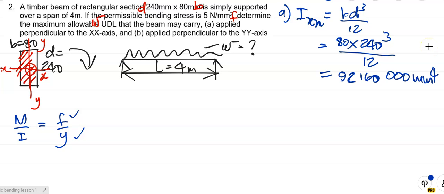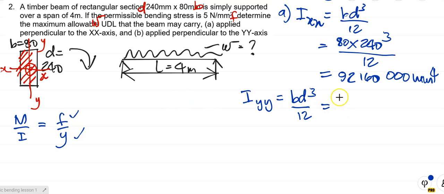So that's IXX. I'm somehow going to work out IYY as well. IYY is equal to BD cubed over 12. What's B, what's D? B is the side parallel to the axis you're taking moments about.